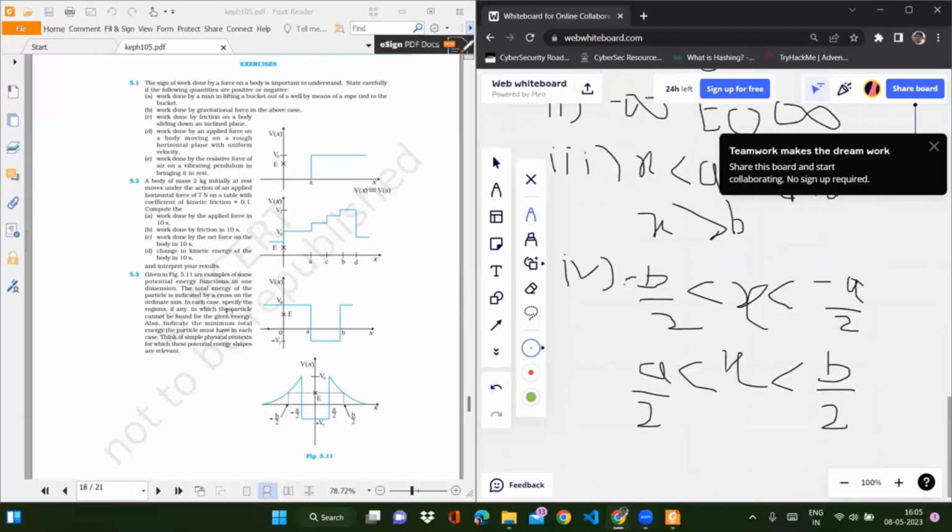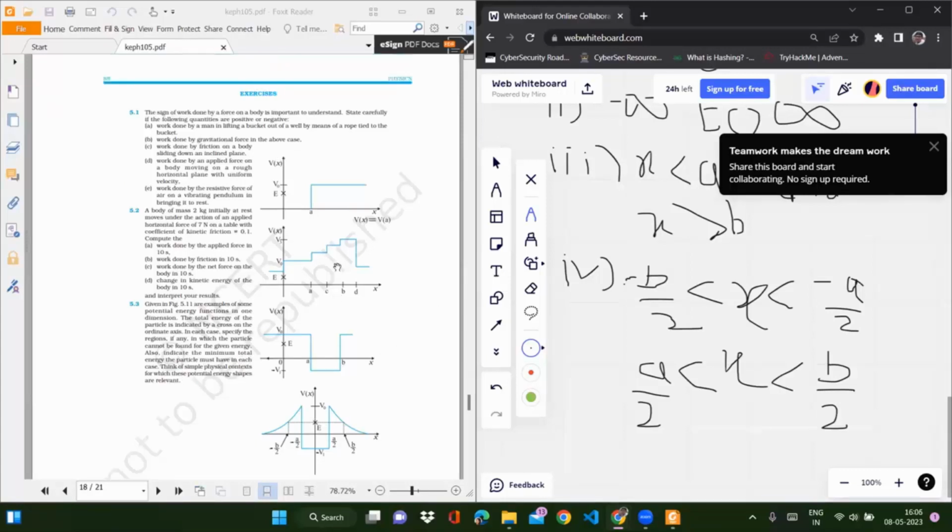Now, the second part of this question says that we also have to indicate the minimum total energy the particle must have in each case. So what can be the minimum energy for the particle? In the non-existing regions, where the particle does not exist, there is no case to address. In the regions where the particle exists, like in the first figure, it exists for x less than or equal to a.